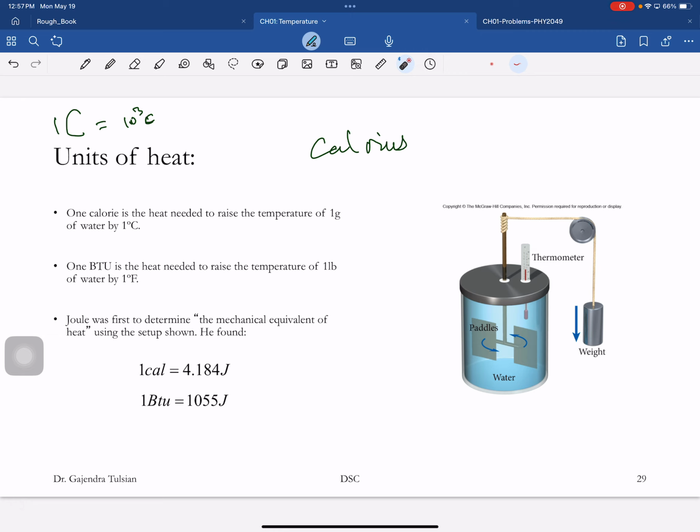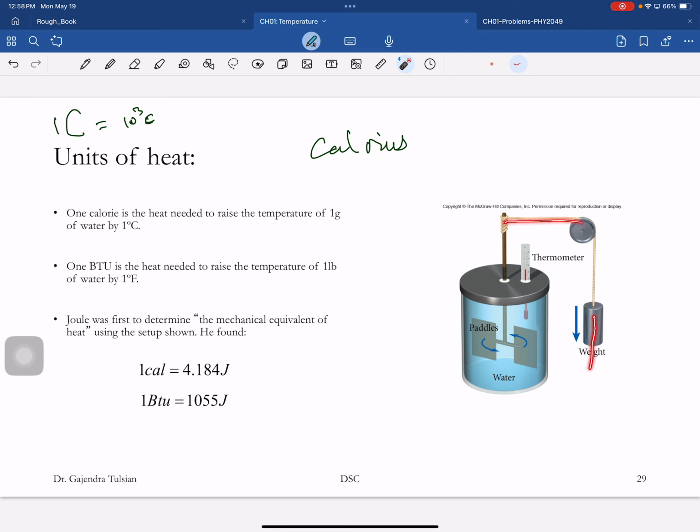Anyway, heat was defined in calories, and mechanical energy was defined in joules. Once we realized heat was a form of energy, this conversion became important to figure out. Here's how Mr. Joule did this experiment, and that's why we named the energy unit after him. Here are paddles.